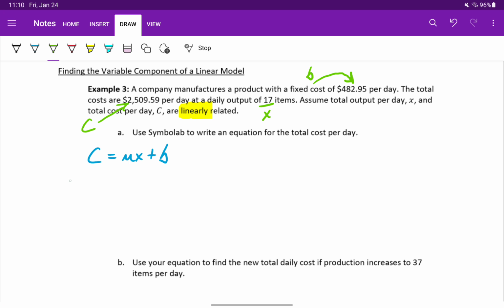What that means is we can set up this equation by plugging in those values from the problem, to see that what we're missing is the slope of this linear equation, that value for m.